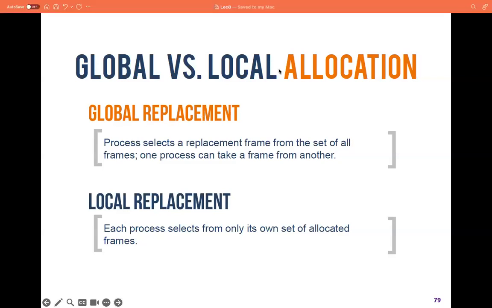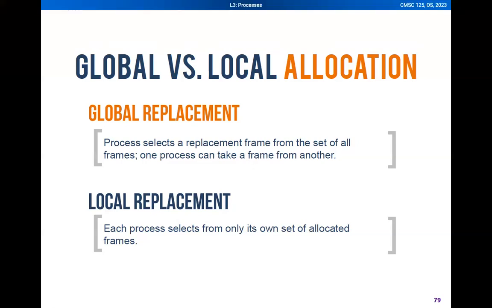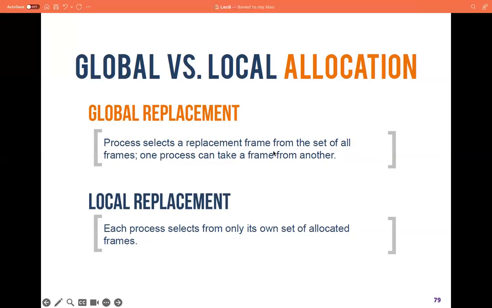So we also have what we call global versus local allocation. So in the global replacement, the process selects a replacement frame from the set of all the frames in the main memory. So that means that one process can take a frame from another process, or one process can take a frame that was allocated to another process.